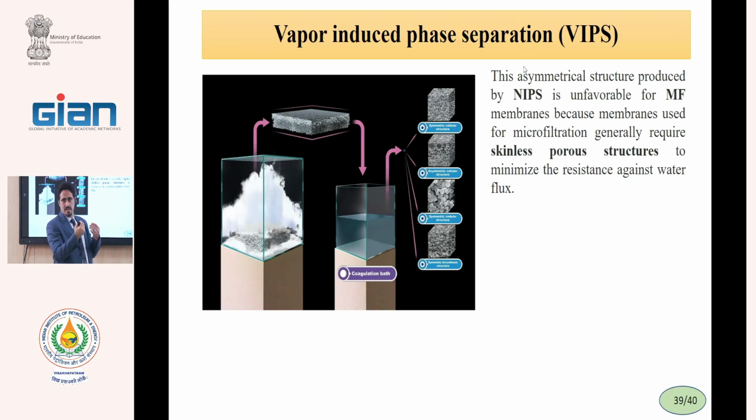We have a vapor, and this causes a slow exchange rate, and a slow exchange rate causes big pores. Therefore, VIPS is mostly used for fabrication of microfiltration membranes, because instead of liquid water, we use water vapor.